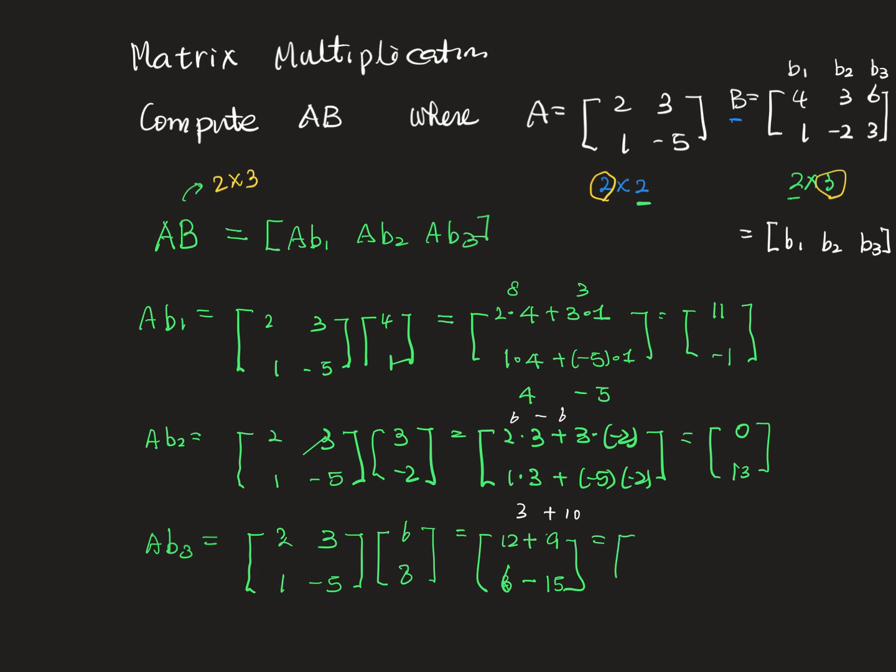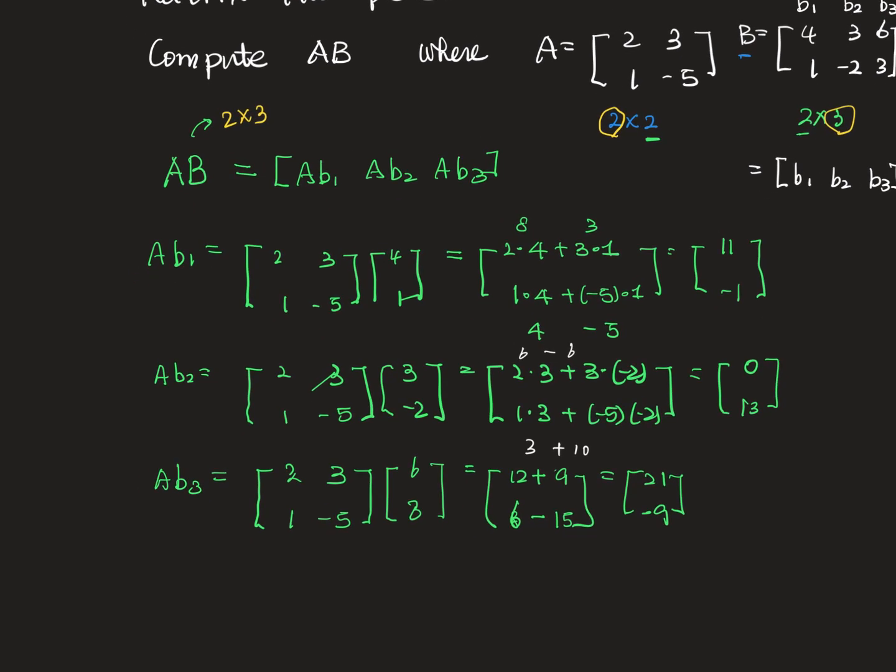So you have 21 and negative 9. Okay, you found all the column vectors, right? So you have AB. The first column is 11, negative 1. The second column is 0 and 13. The third column is 21, negative 9. Can you see that? What is the size of this matrix? 2 rows, 3 columns. You found it, guys, okay?